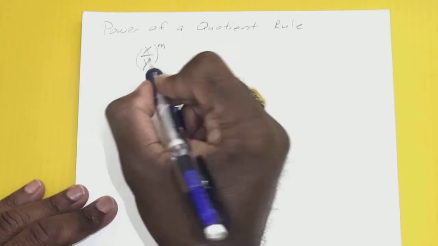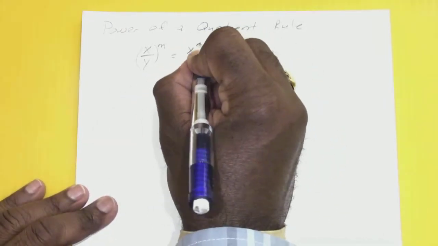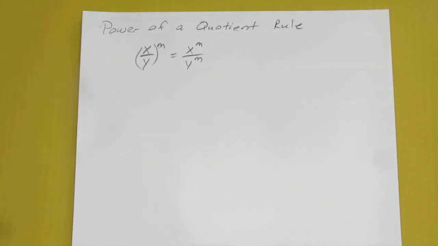Then you just distribute that exponent to both of them, the same way the power of a product rule distributes it to both.